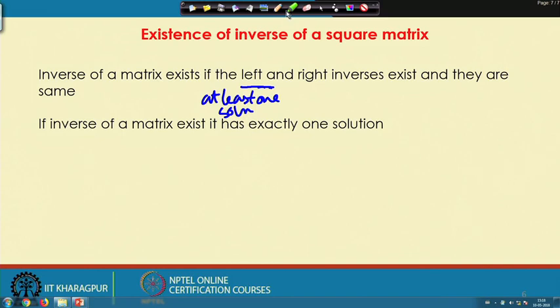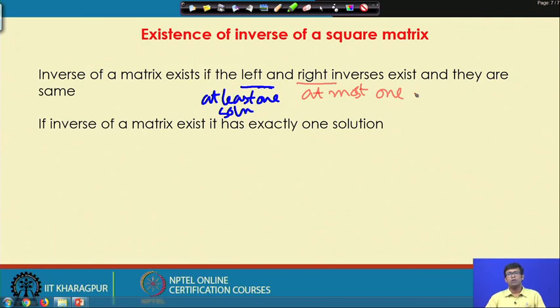Similarly, a right inverse exists, for the inverse both left and right exist. A right inverse existing means there is at most one solution. So, when both exist, there has to be exactly one solution, which satisfies at least one and at most one. So, if the inverse of the matrix exists, and we have seen it in several cases, there is exactly one solution.